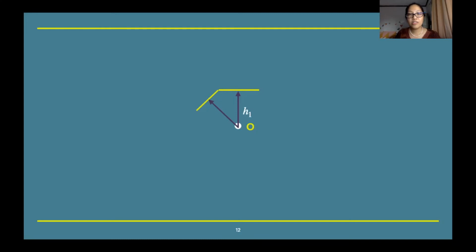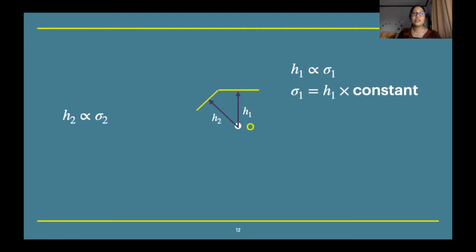So those distances are H1 and H2. H1 is proportional to the specific surface energy, sigma 1, according to the Gibbs-Curie-Wulff theorem. In the same way, H2 is proportional to specific surface energy, sigma sub 2. Sigma sub 2 equals H2 times a constant.